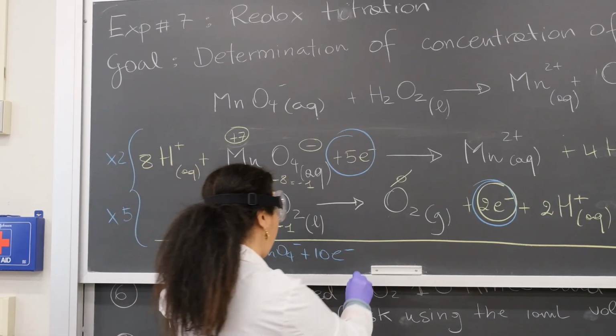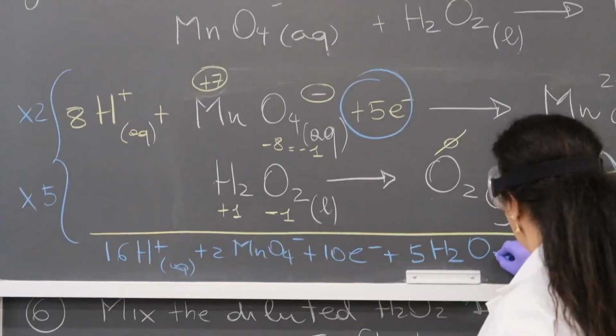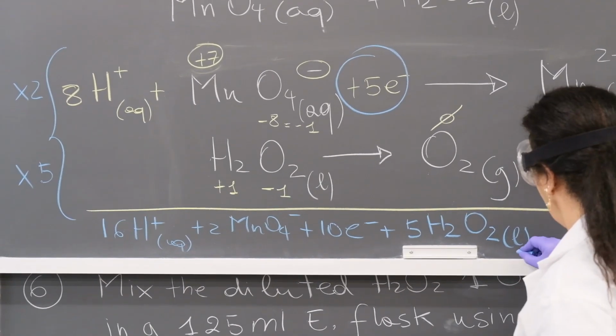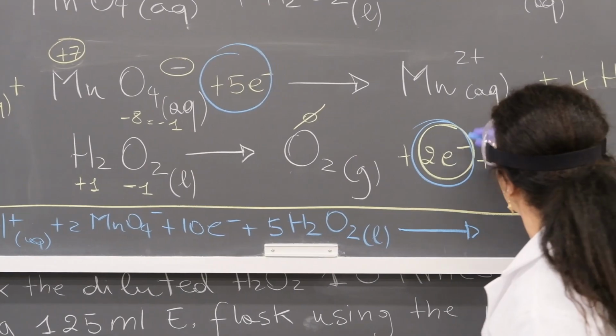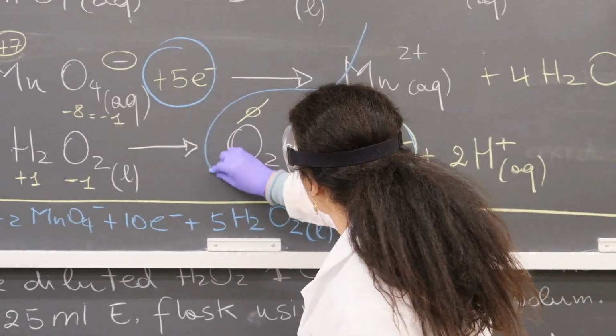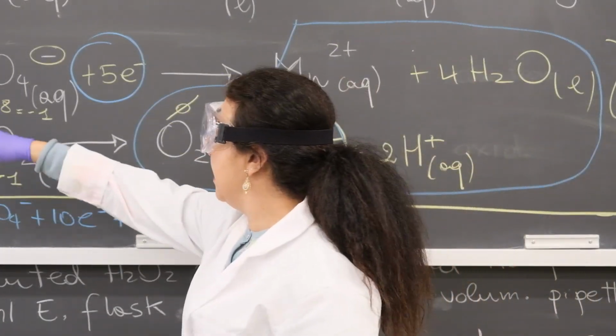Here we have 5 hydrogen peroxide. And on this side, we're going to add this entire portion multiplied by these factors.